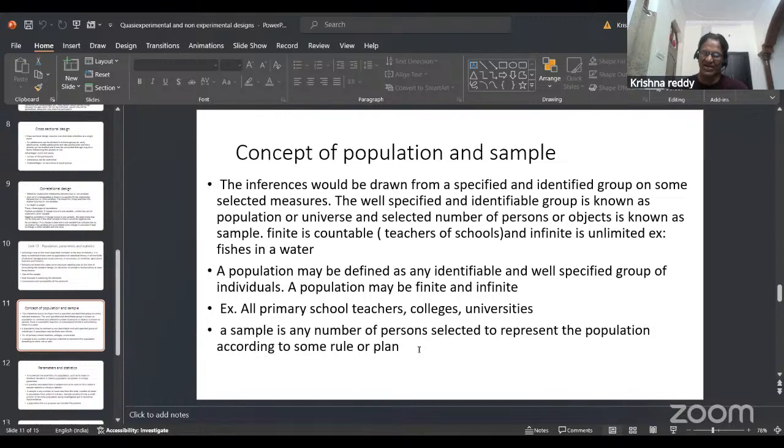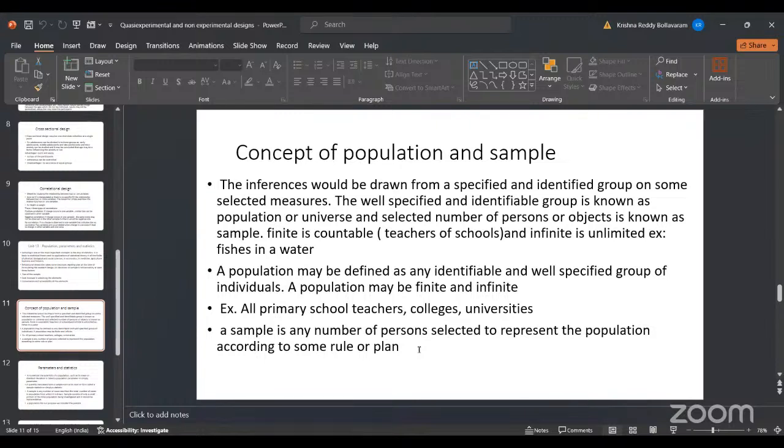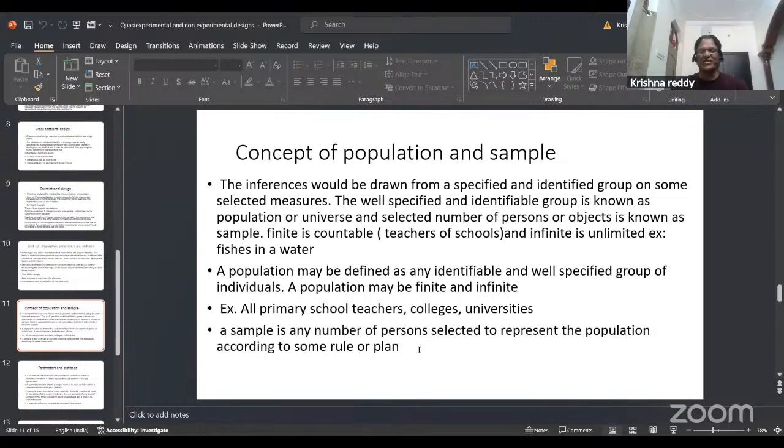If there is a 1 lakh population, and you are picking up only 1,000, then these 1,000 participants should represent the 1 lakh population. They are the representative, that we can call representative sampling. Otherwise, there is no use. You cannot generalize the results also. So if it is a representative sample, then only you can generalize the results.